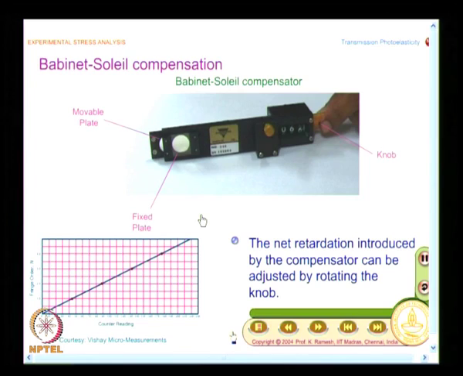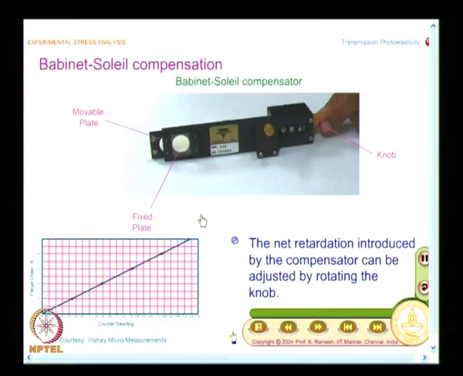So, what is it that you need when you want to look at a compensation? See, you have read elaborately what a retardation plate is, what wave plates are. Wave plates, by changing the thickness, if you have a crystal plate, by changing the thickness you can adjust the retardation. And if I want to have plus and minus, this is also possible.